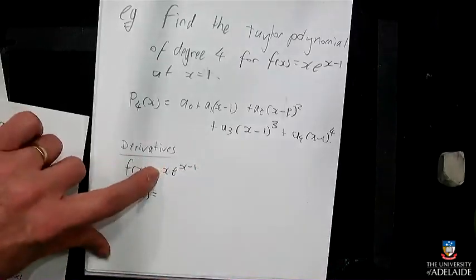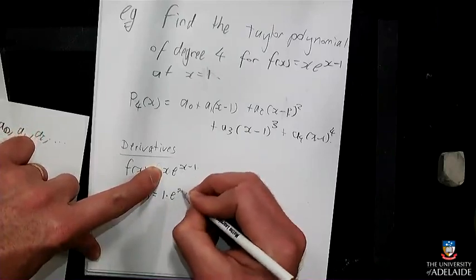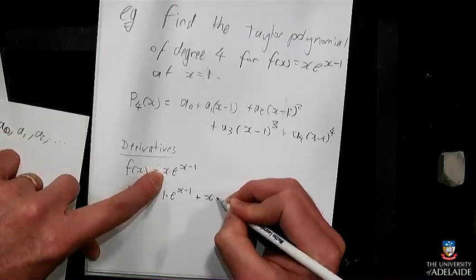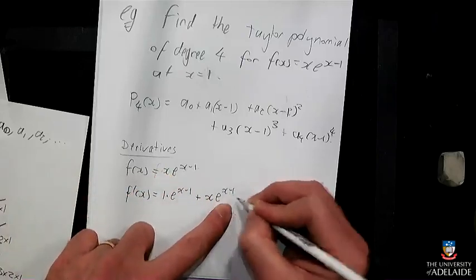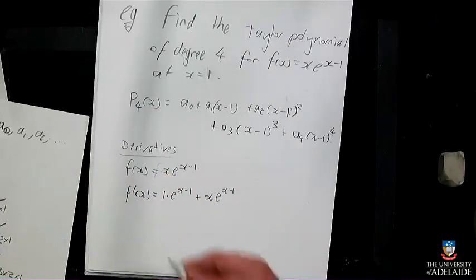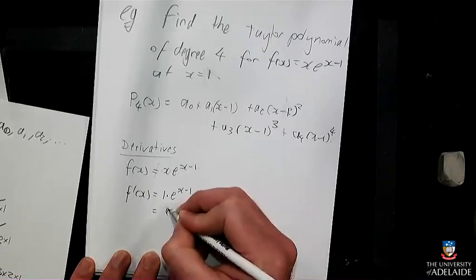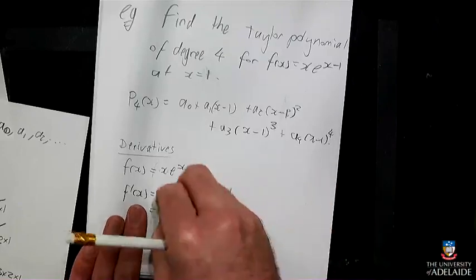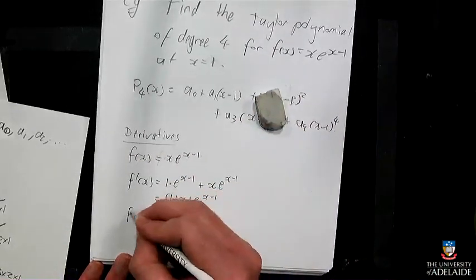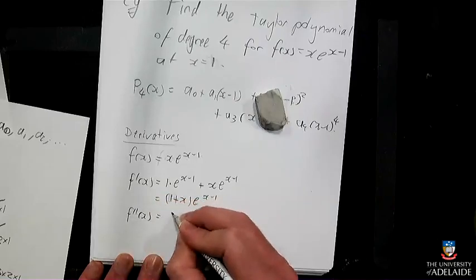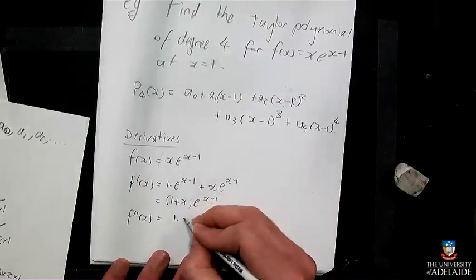Okay, so the derivative of x is 1, keep the e to the x minus 1, plus keep the x and do the derivative of that, and then multiply by the derivative of the exponent, which is 1, so that's okay. And so it looks to me like I should factor this. That's going to make it a little easier. And f double dashed x, differentiate the 1 plus x, which is still just 1.